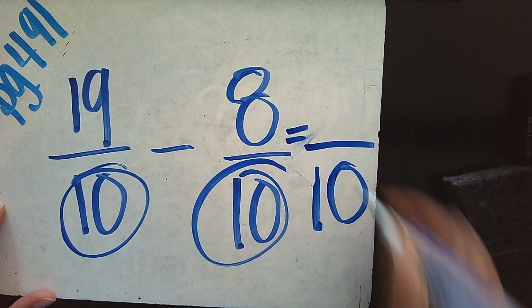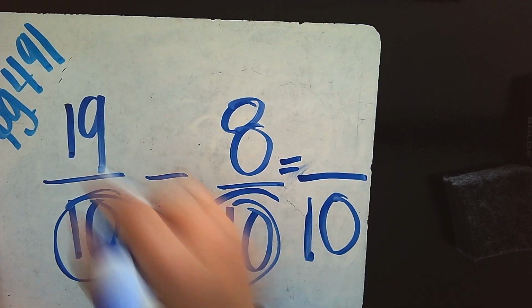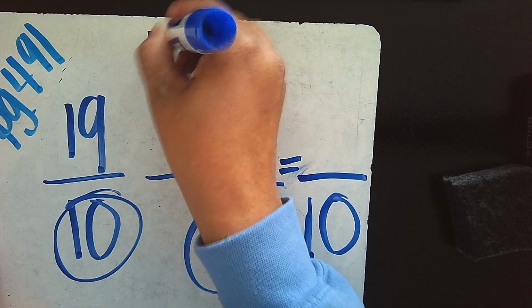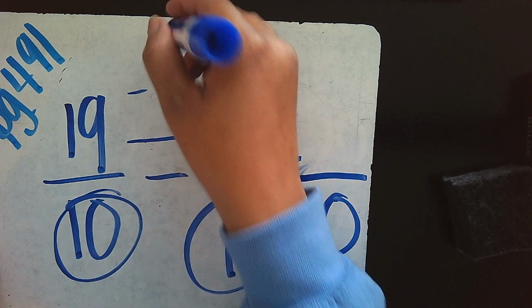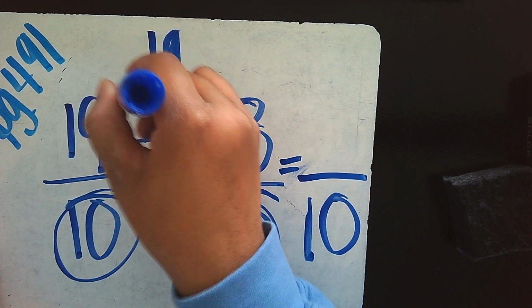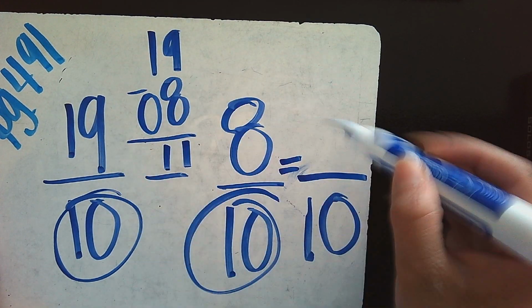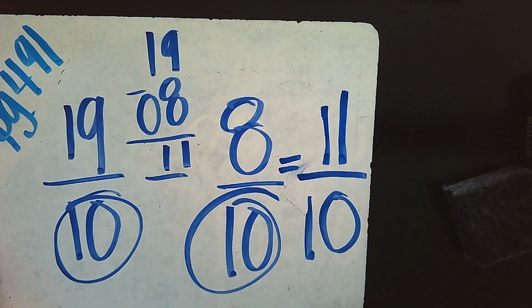So I can write this down as my denominator. Then I do, what is 19 minus 8? Again, if you cannot subtract straight across, feel free to write it on top. And then subtract 9 minus 8 is 1. 1 minus 0 is 1. So it would be 11 over 10.